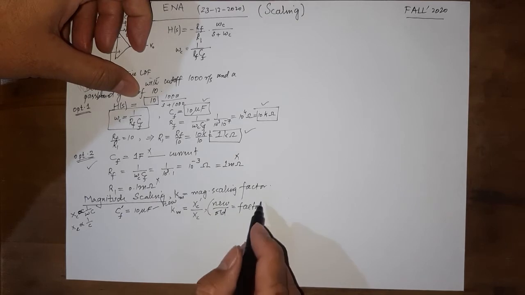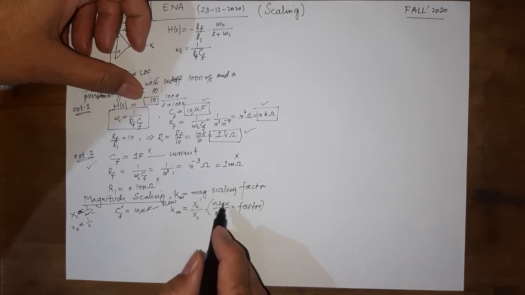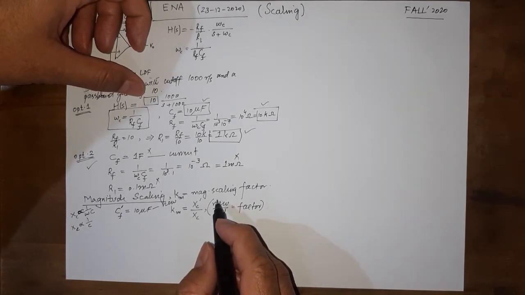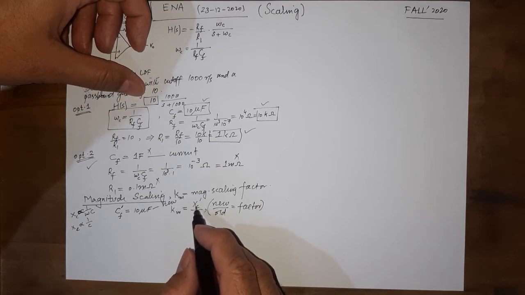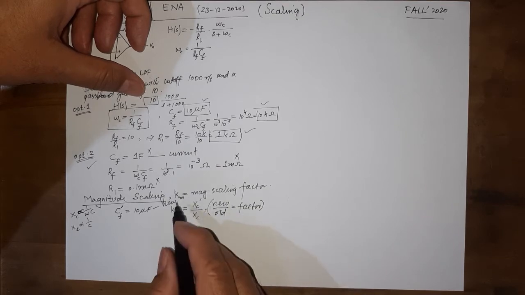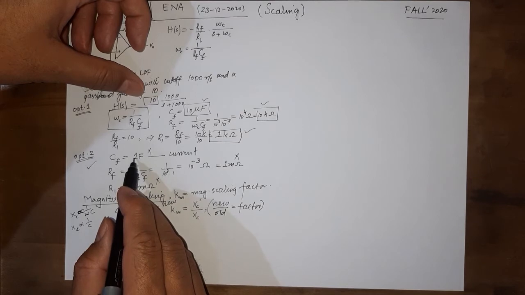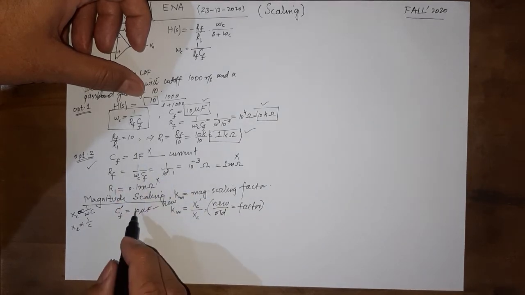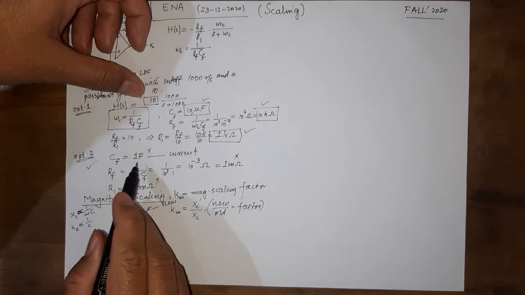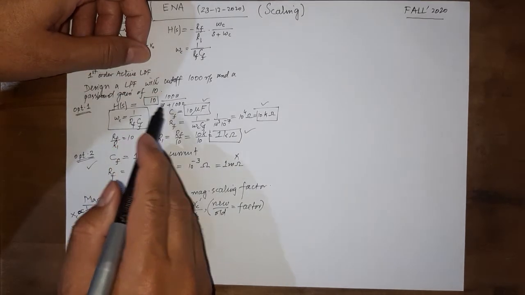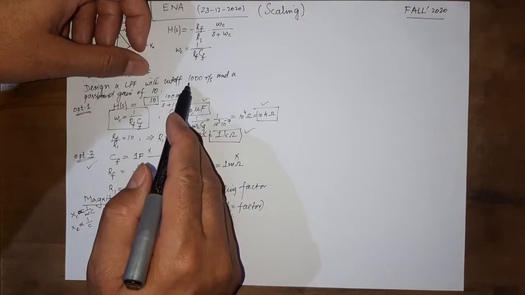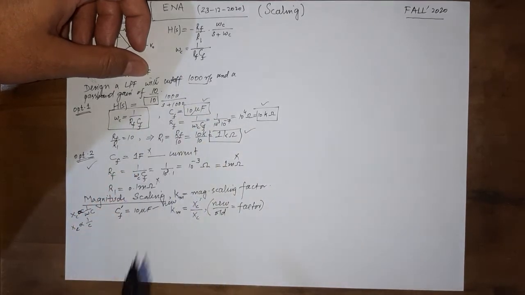This is just given for you to remember which value to put where. So the new that we want to obtain is going to give us this Km. If I am not happy with the 1 farad capacitor, I want to use a 10 microfarad capacitor, and I don't want to change the parameters of the circuit, so it should still have a cutoff of this one and a passband gain of this one.